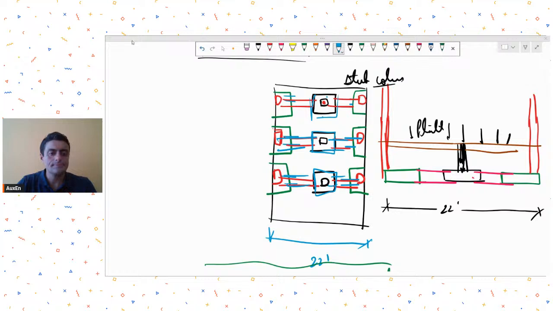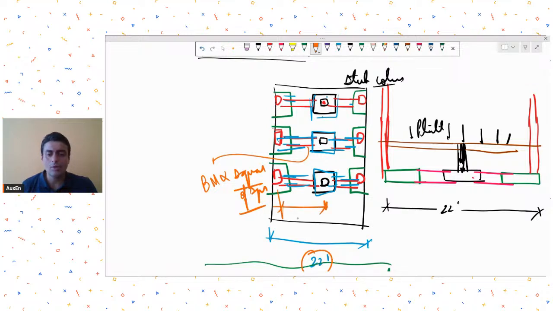In many cases, a very long tie beam can actually be more costly than a stub column footing, because the bending moment is proportional to the square of your span. So if from 22 feet you cut the tie beam span in half to 11 feet, you get a bending moment which is one fourth.